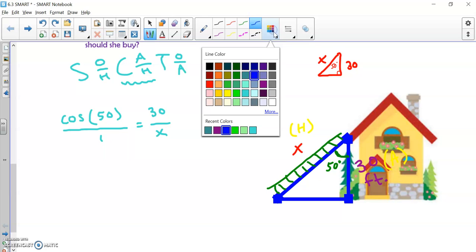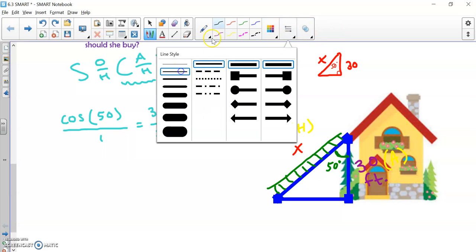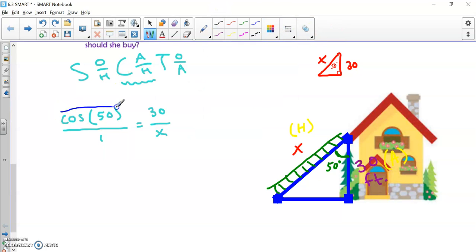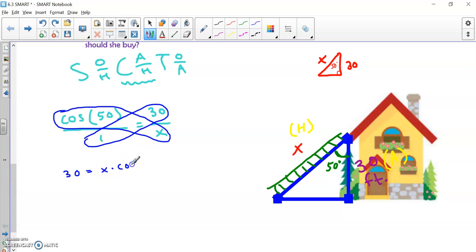And now we're ready to start solving through cross multiplying. All right, so my one diagonal here, 1 times 30, just equals 30, and then the other diagonal is X times cosine of 50. So unlike the last problem, our X here is not already alone. We have to do a little bit of extra work.